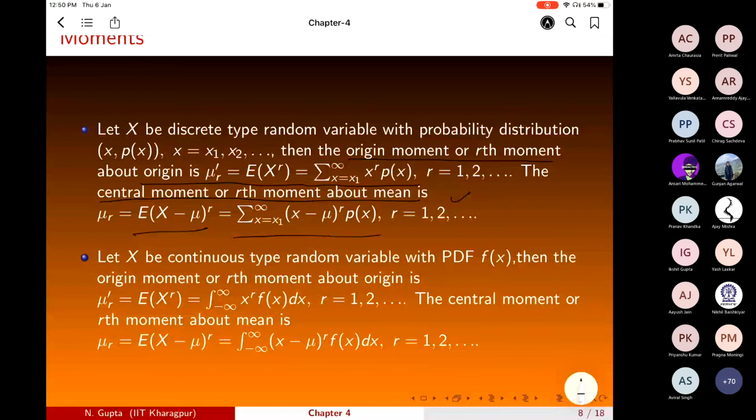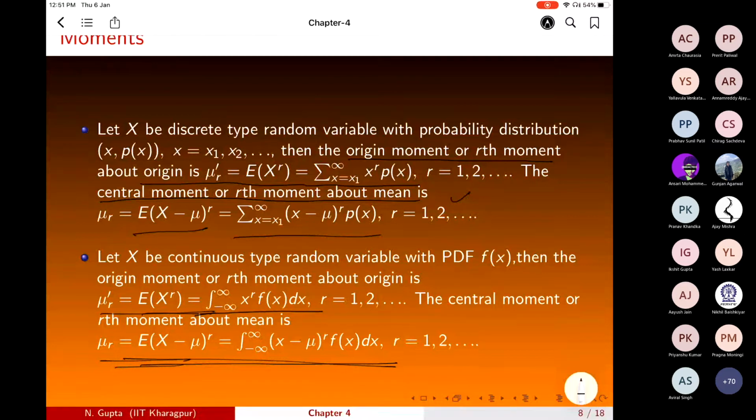Similarly, in the continuous case, we will have integration instead of summation, and correspondingly the probability density function will be there in the same fashion. So that is the extension of mean and variance to moments.